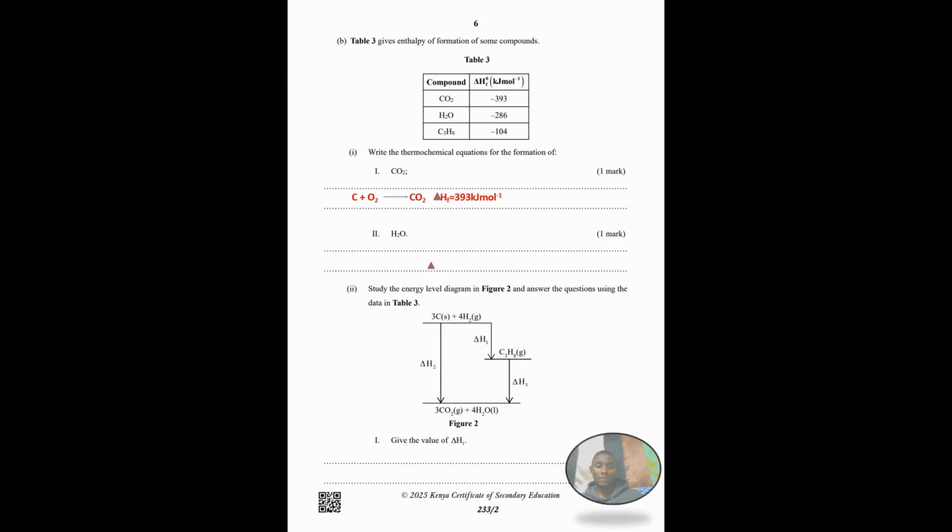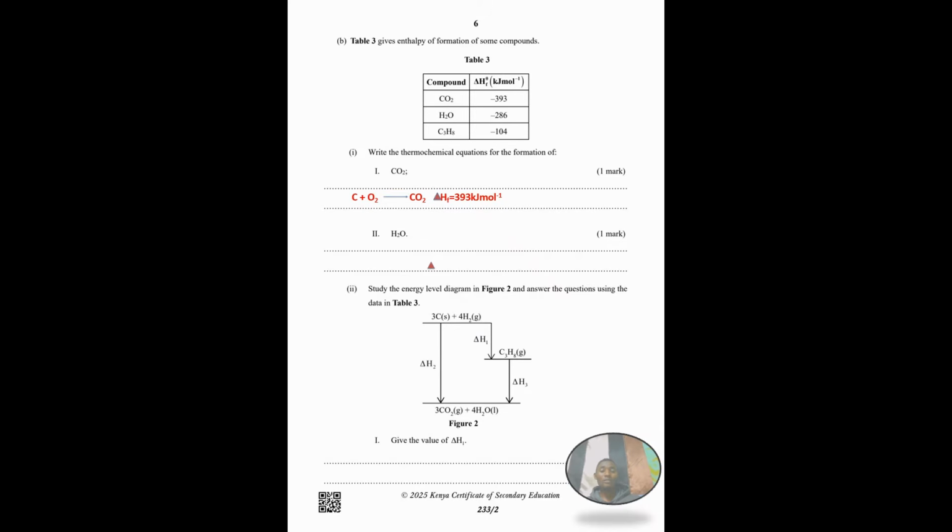So we have carbon solid, oxygen gas, leading to formation of 1 mole of carbon dioxide. You can see that whatever is being formed is 1 mole. I've not balanced with anything here, so it remains 1 mole. So the enthalpy change is negative, negative 393 kilojoules per mole. So that is the correct thermochemical equation for the formation of carbon dioxide.